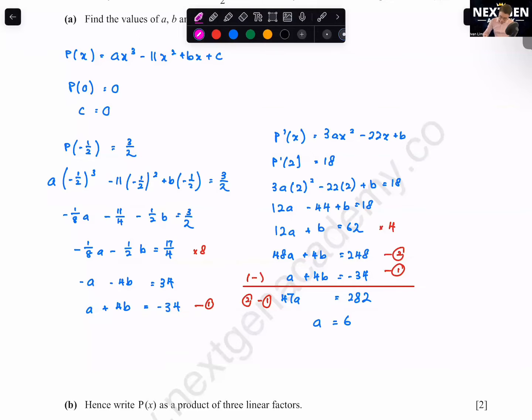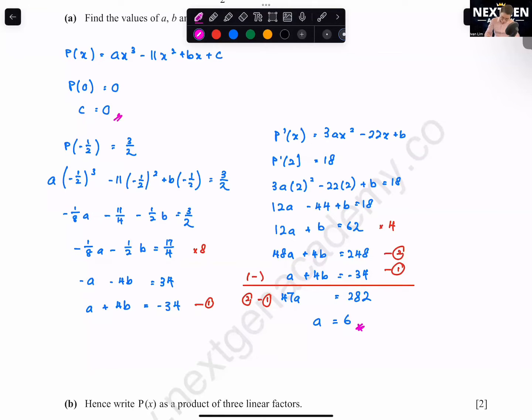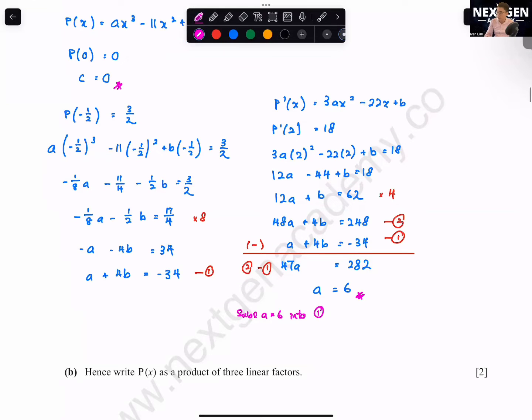And then the final one. One more thing, because you see one of the answers was here, right? Always present your answer clearly for the marker. So last one, substitute. I'm going to substitute a equals 6 into any of the equations you want. I'll substitute it into equation 1.